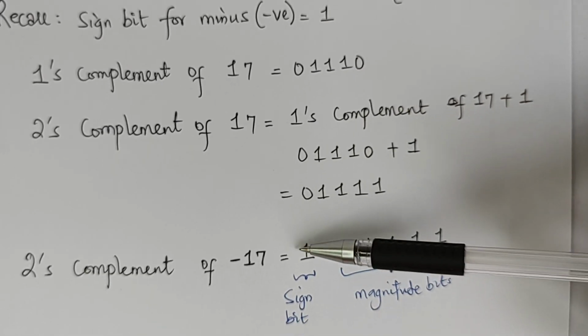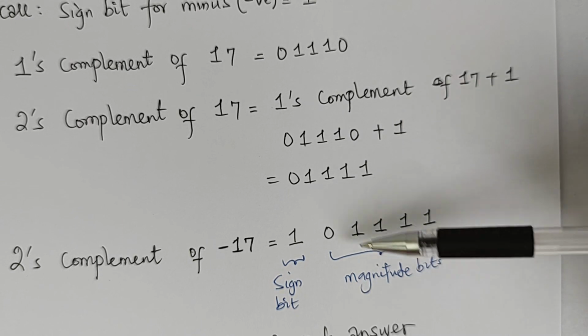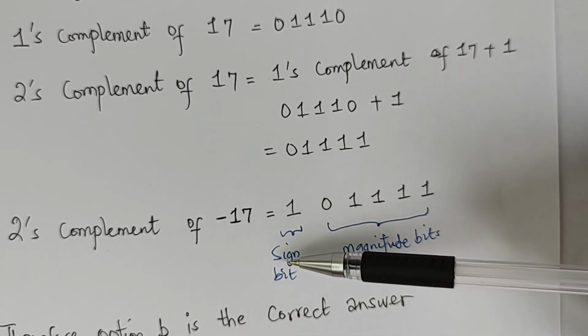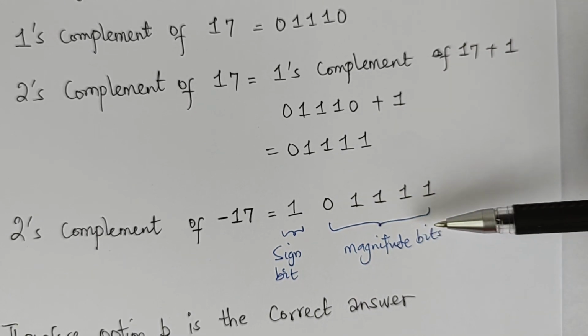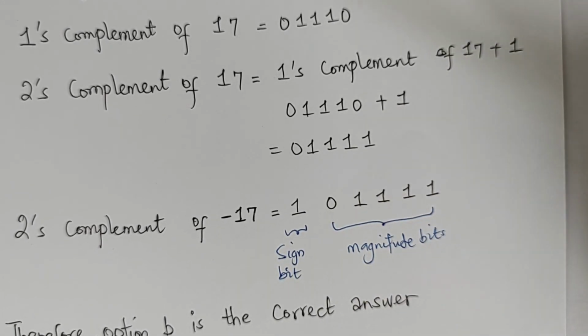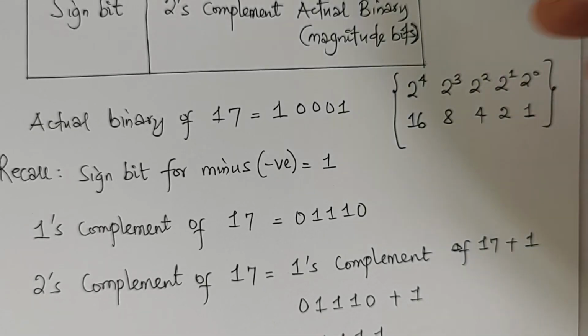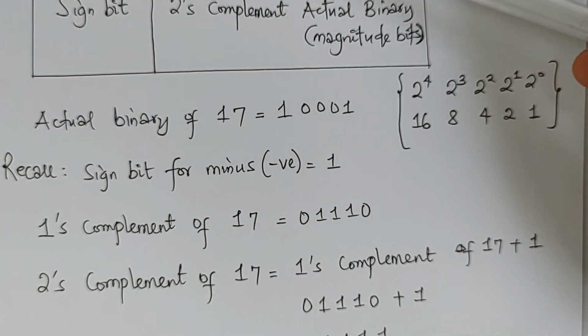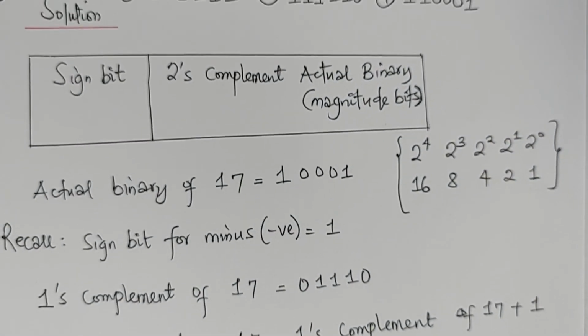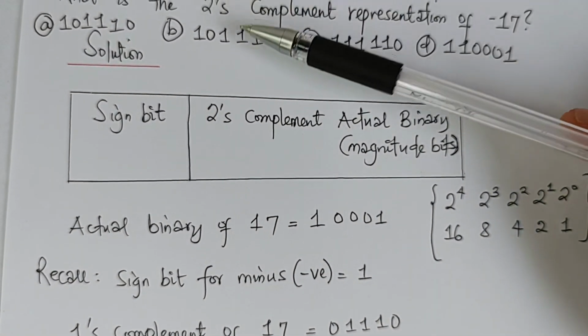So we are going to introduce 1 here, and then the 17 we have here. What does that tell us? It tells us that this 1 represents the sign bit, and this is the magnitude bits. Therefore, if we correspond this with the given options, you can see that option B, which is 101111, is actually correct.